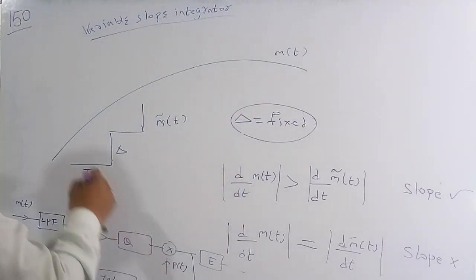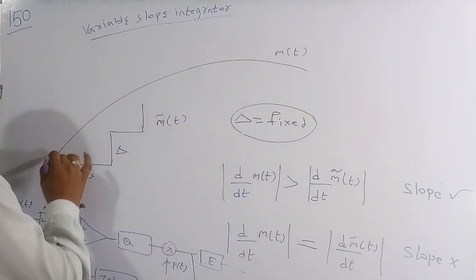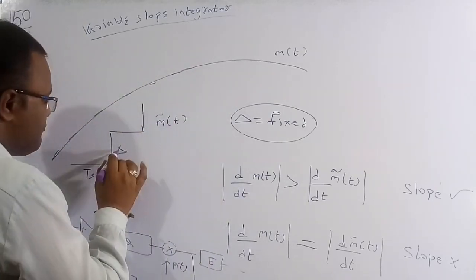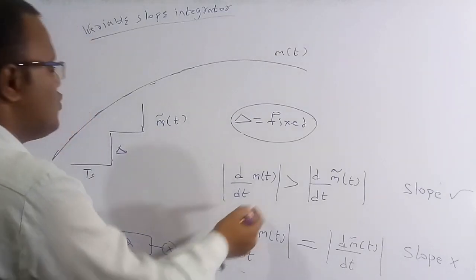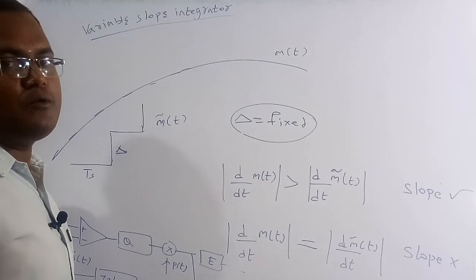Because if you see carefully, suppose I assume this is a message signal. At each and every instant, the slope of the message signal is varying. But if we make delta a constant, then at certain times the slope of the message signal will be greater than the slope of the staircase, and then the slope overload problem might occur.